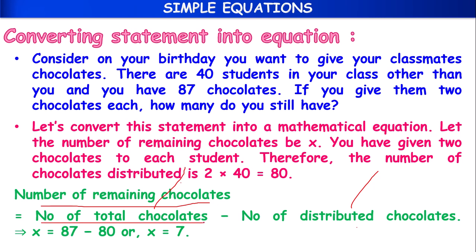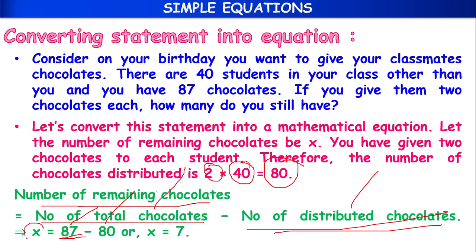The total chocolates we have is 87. From 87 we have distributed 2 for each child, like that 40 children, 2 into 40, 80. So out of 87, 80 we have distributed. The remaining chocolates we have assumed as x. So we can write the equation as x equal to 87 minus 80, or x equal to 7.